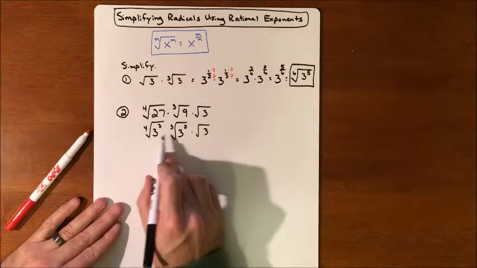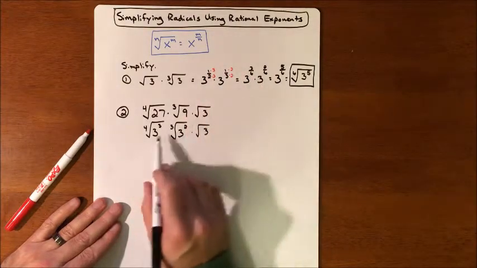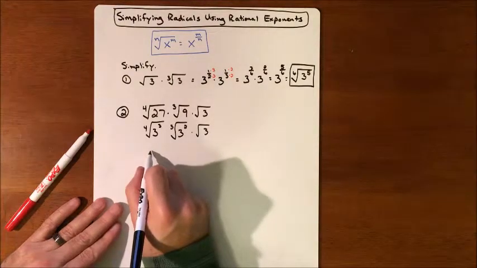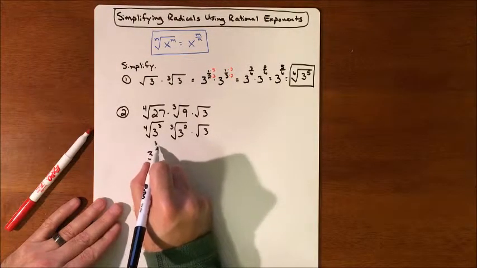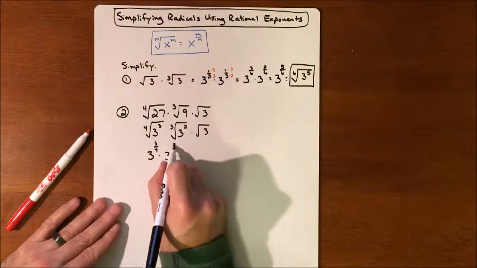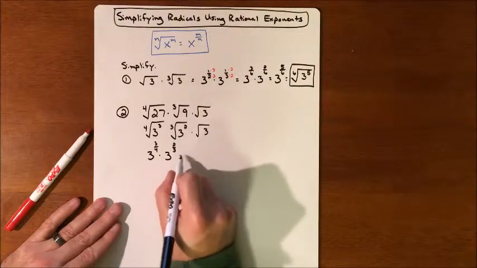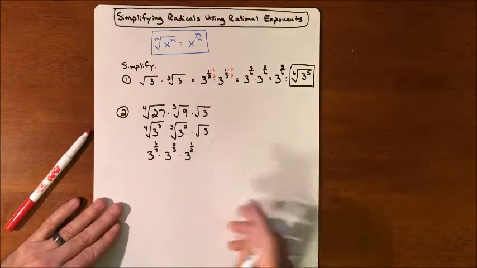So this is a bunch of 3's. We just have to do exactly the same type of math we just did here. We're going to rewrite this as a fractional exponent. So that's going to be 3 to the 3/4 times 3 to the 2/3 times 3 to the 1/2.